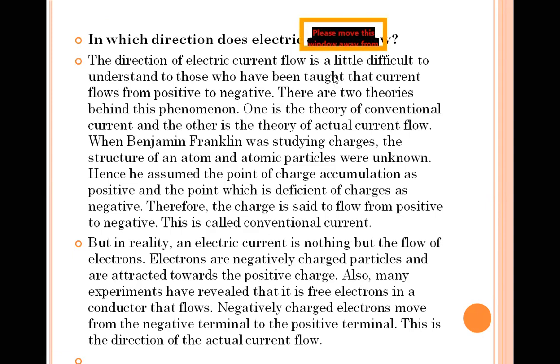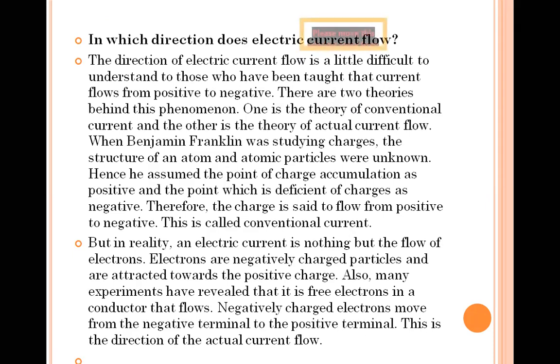In which direction does the electric current flow? The direction of electric current flow is a little difficult to understand for those who have been taught that current flows from positive to negative.